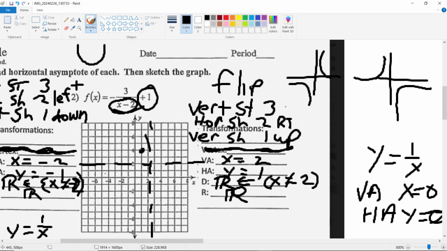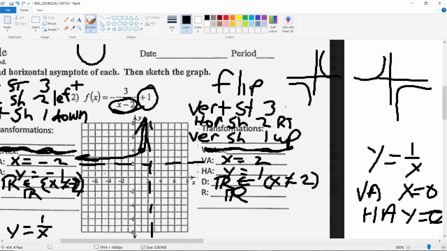Good enough. And then it has to get closer to the asymptote without ever touching it. And then I'll go at x equal 3. 3 over 3 minus 2 is 3 over 1 is 1. Negative 3 over 1 is negative 3. Negative 3 plus 1 is negative 2. So at x equal 3, this is at negative 2.